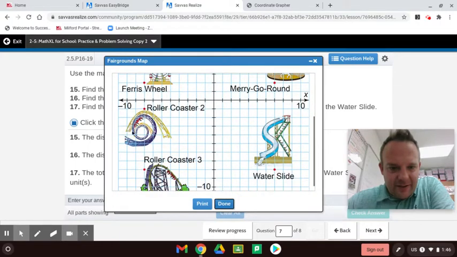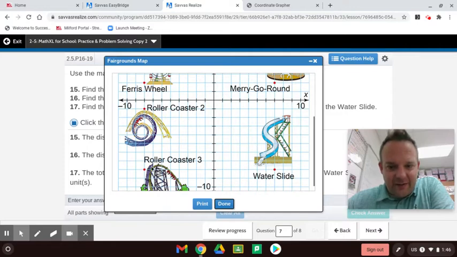Okay, so right here. Notice are we in the same quadrant here, guys? Yep, same quadrant, so we're going to subtract. So it looks like that's -1, but the absolute value of -1 is 1. This is -8, but the absolute value of -8 is 8. So 8 minus 1 is 7.